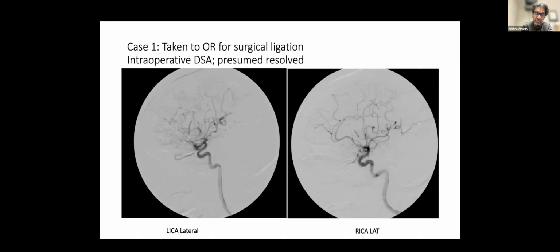fossa. Even with those 2 clips, and extensive dissection around the floor of the anterior cranial fossa, he was not completely certain that he got all of the venous egress. So we did an angiogram. You can see that it looked, for the most part, resolved. As you guys know, these C-arms in the ORs don't have the best resolution.